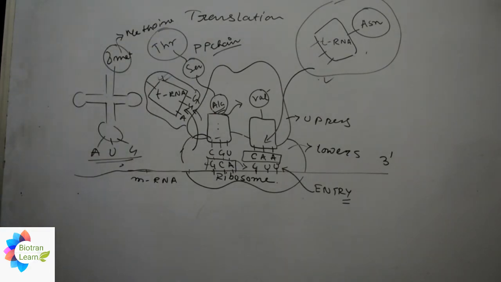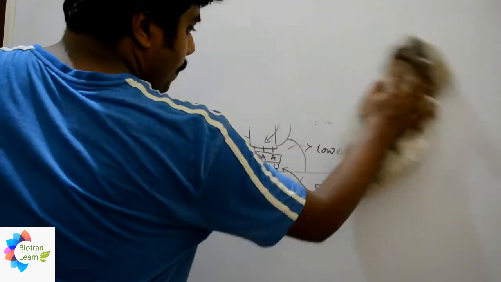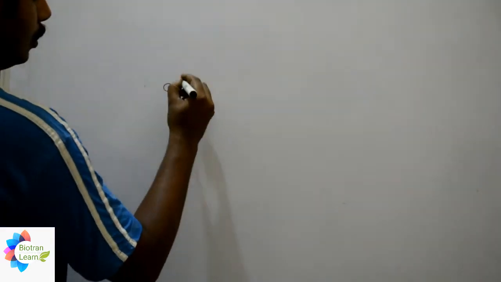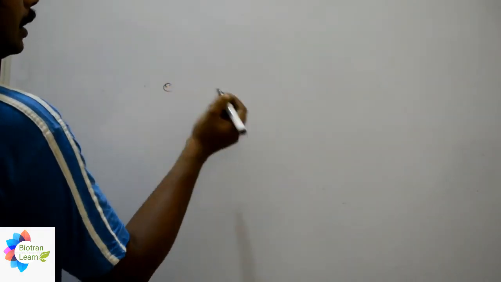Now let's see how the peptidation reaction takes place. Suppose we have an amino acid structure.